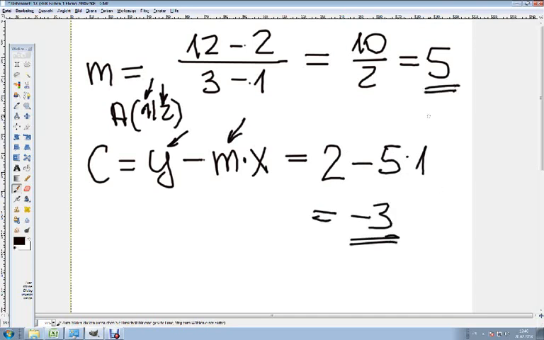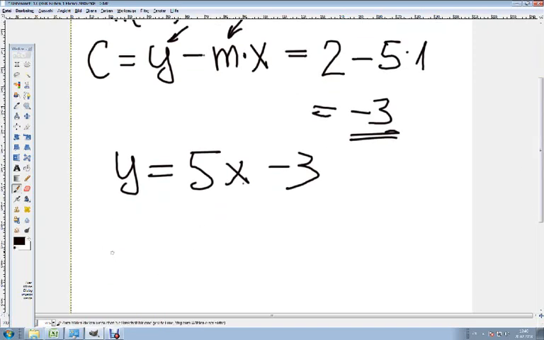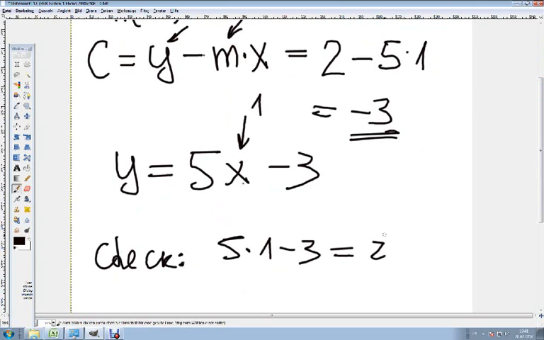Now I can write down the answer for my line. My line would be y equals 5x minus 3. No more, no less. If you'd like, you can check your results. If you put, for example, a 1 here, calculating 5 times 1 minus 3 leads to 2.